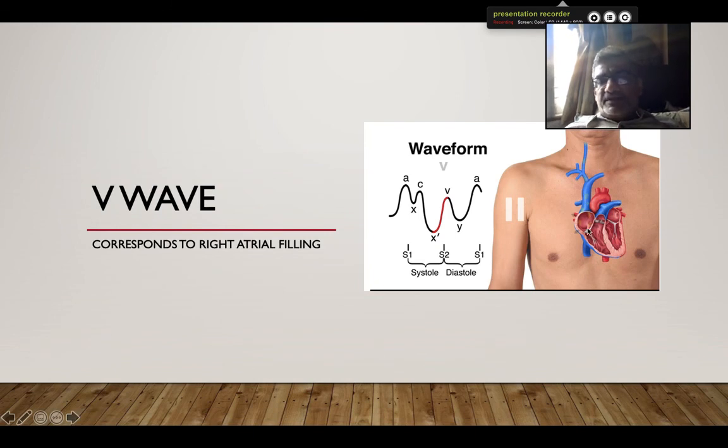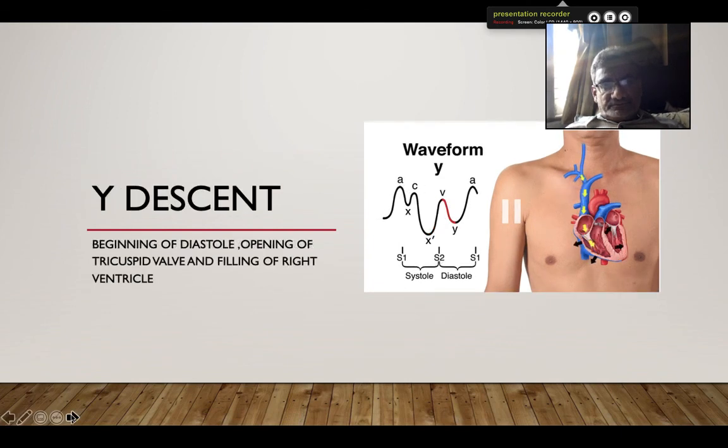You can see the engorged right atrium. It's the venous filling which causes the V wave. Y descent signifies 3 points. It signifies the beginning of diastole, opening of the tricuspid valve, and filling of the right ventricle. So this is the importance of the Y descent.